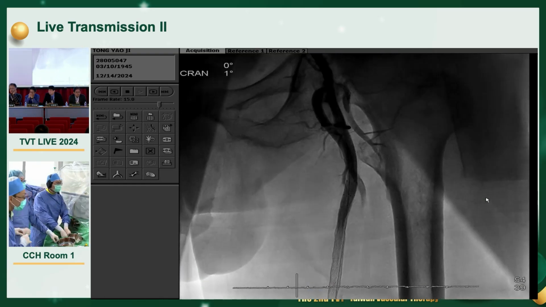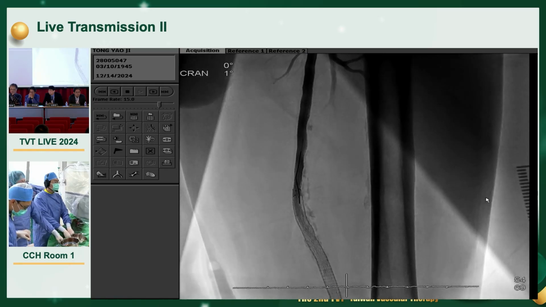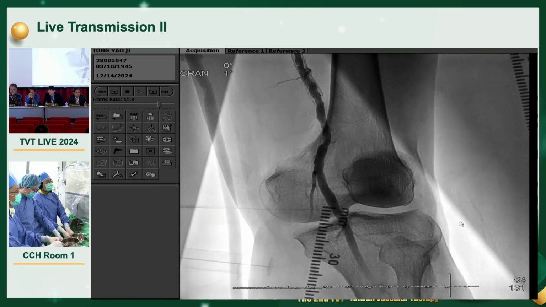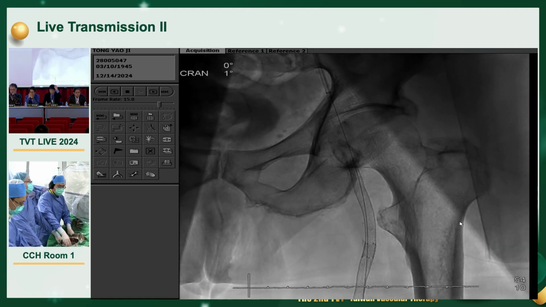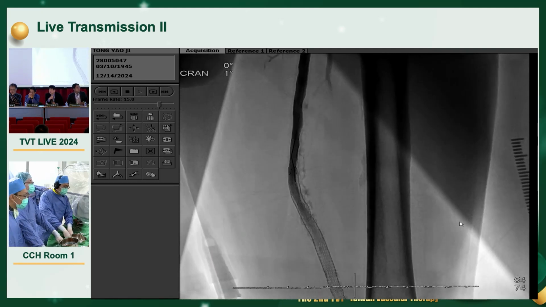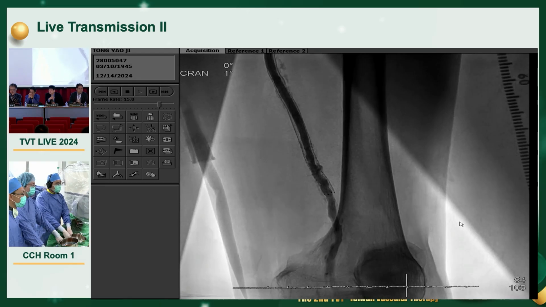But the branch, profunda and other branches, also have slow flow. So I think maybe low cardiac output.